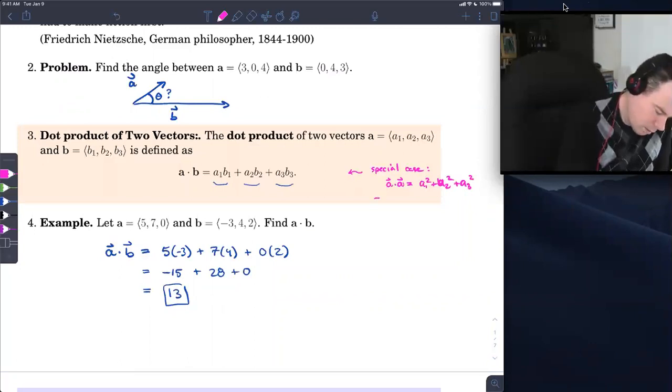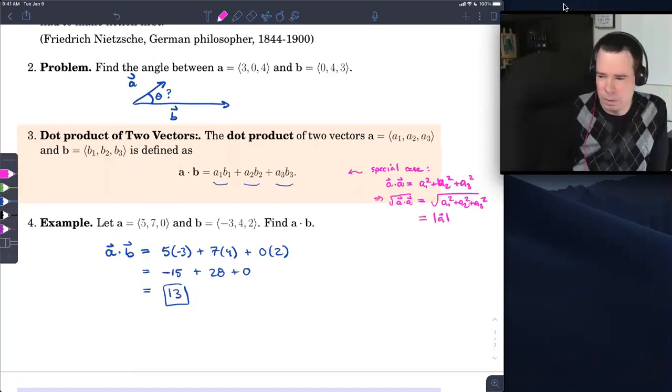And so if I was to take the square root of this thing, in this case I don't need to take the absolute value because it's positive, what I get is the square root of the sums of squares, which is just the length of a. So this is the property we're using.